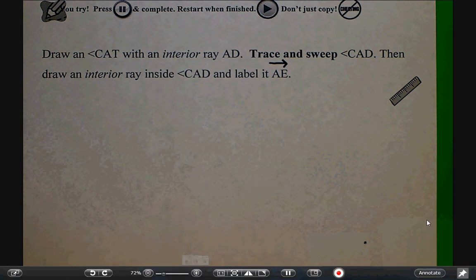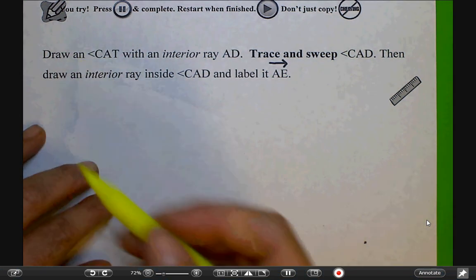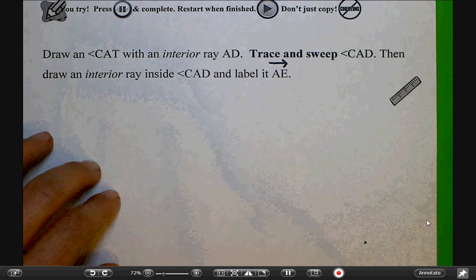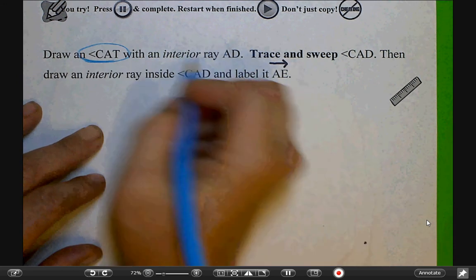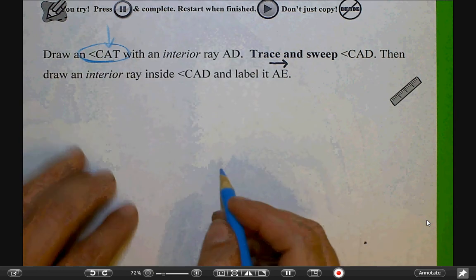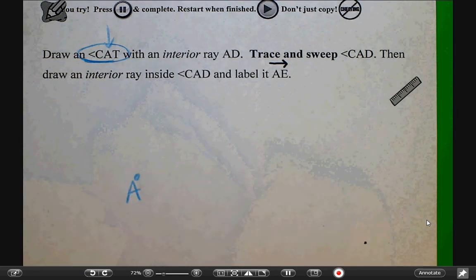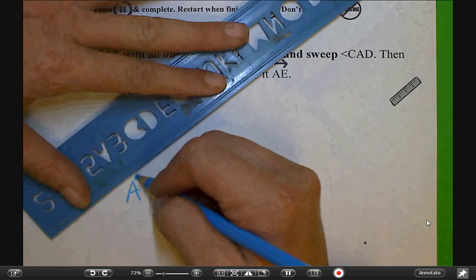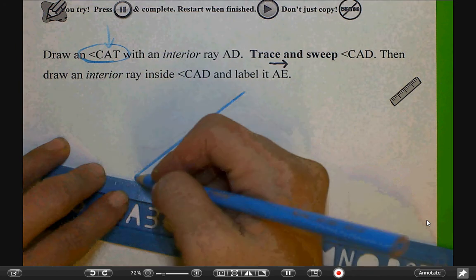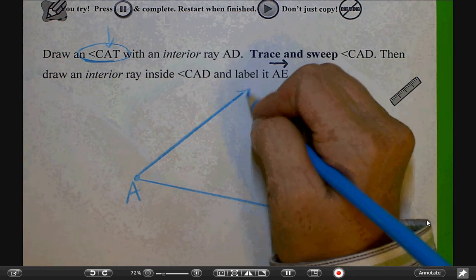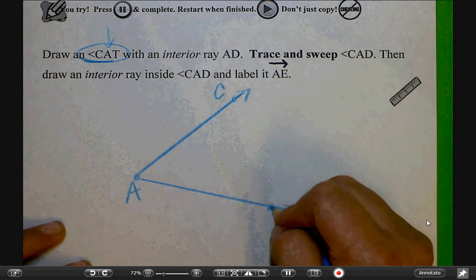So we have here, we're going to draw an angle CAT with an interior ray of AD. So here's CAT. A has to be in the middle, or vertex, so the A is your hinge. C and T are either one.